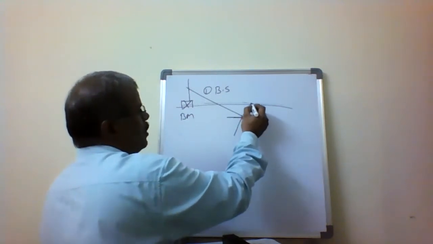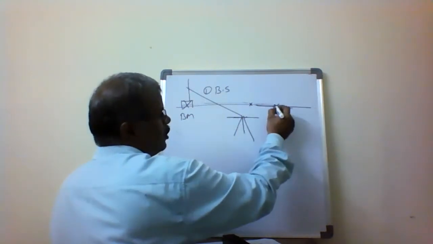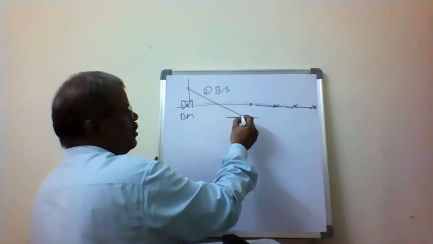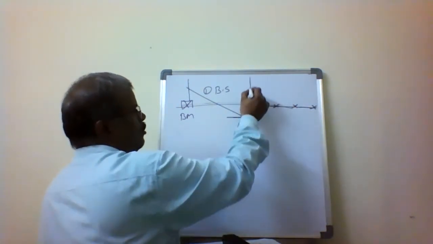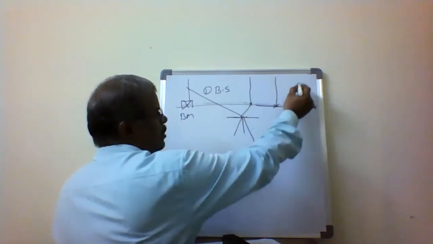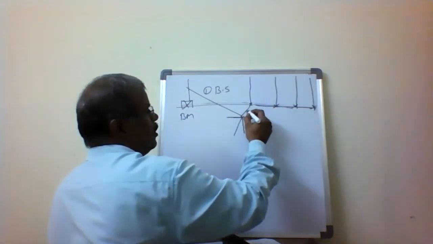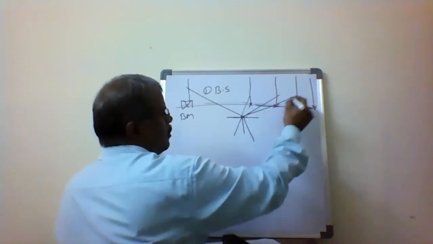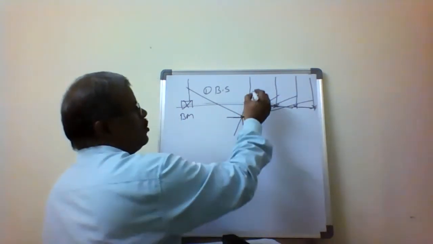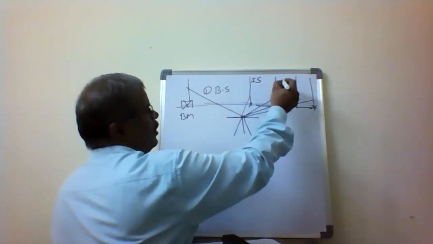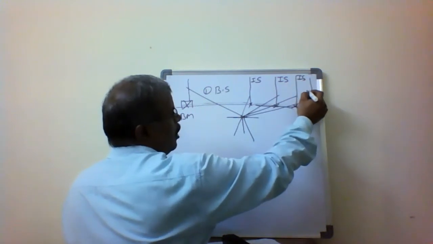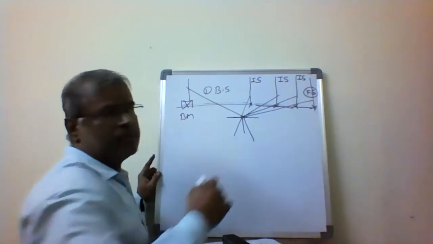So now I'm going to be taking readings. This is one point, this is another point, this is another point, this is the last point. Now I'm going to be taking the reading on the staff over here, and the staff reading here. So this is going to be called the intermediate sight reading, and this is the foresight.